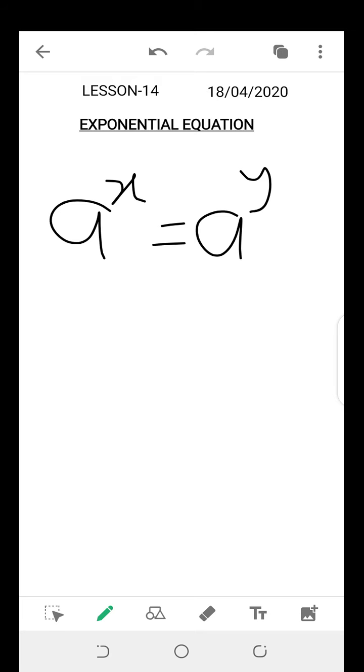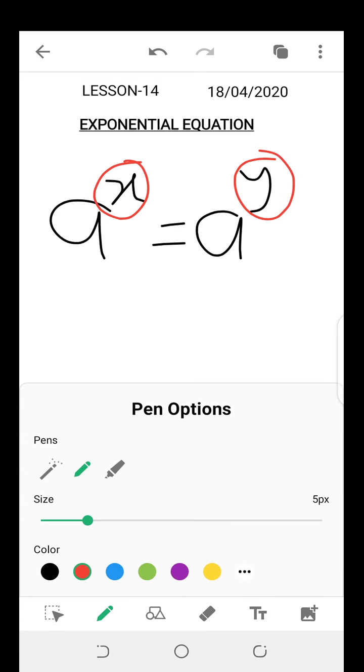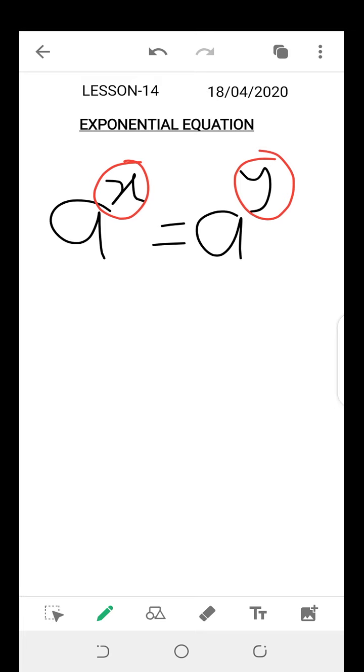The unknowns that we want to solve for are x and y, and a is the base of this index. So whenever an equation is written in this form, we say that this equation is an exponential equation.